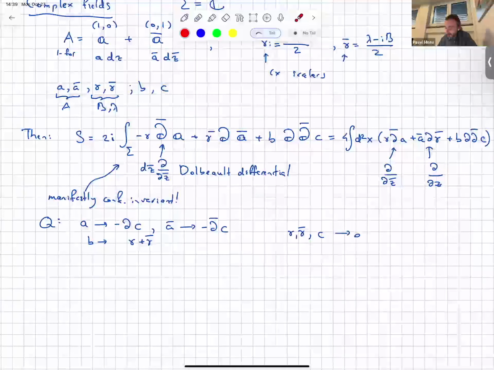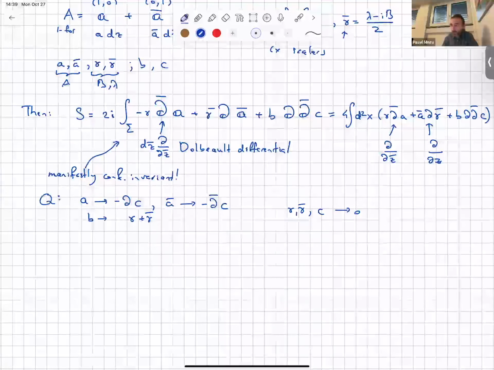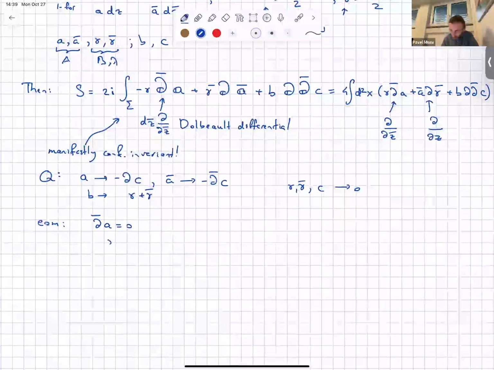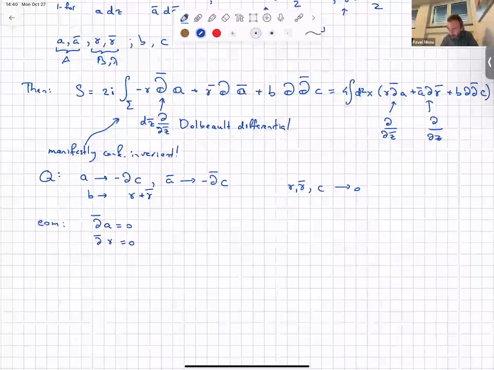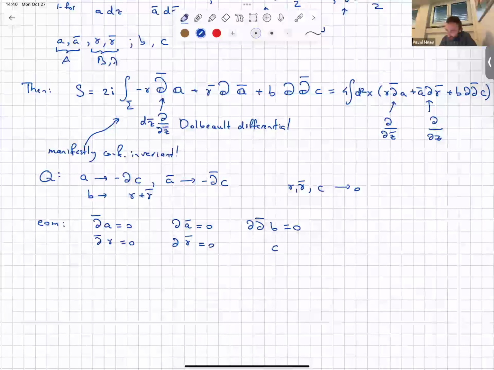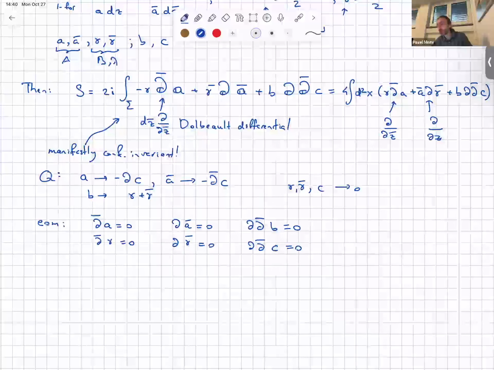So Q mixes them. Now, the equations of motion of the new theory in the new variables are: A is holomorphic, gamma is holomorphic, A bar is anti-holomorphic, gamma bar is anti-holomorphic, B is harmonic, so del bar is proportional to the Laplacian, and C is harmonic.